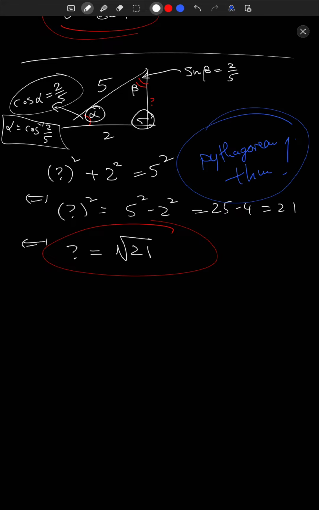Probably the latter way is maybe a little better, because calculating arc sine is not an easy thing. So ultimately, we can solve this triangle fairly easily because we know it's a right triangle and because we have, in this example, access to the Pythagorean theorem.